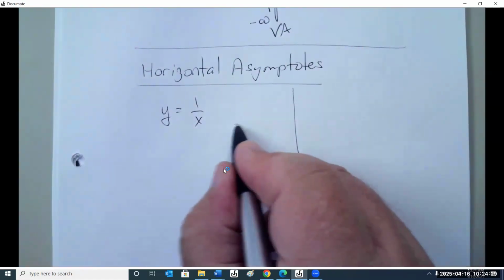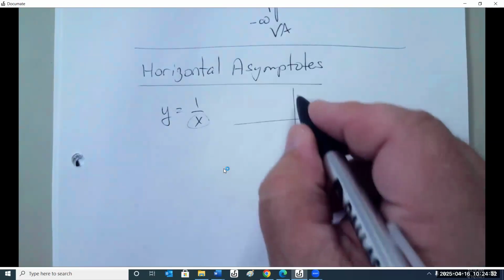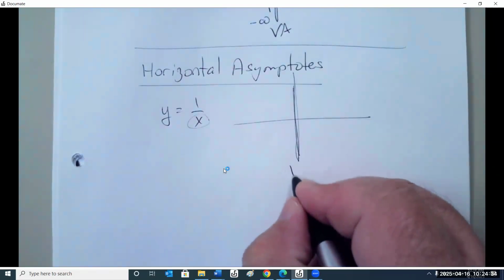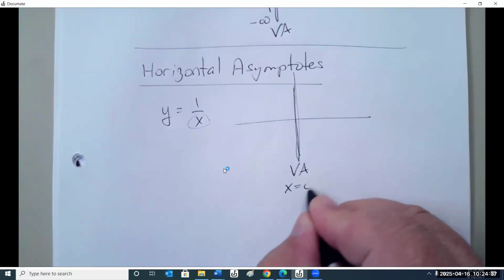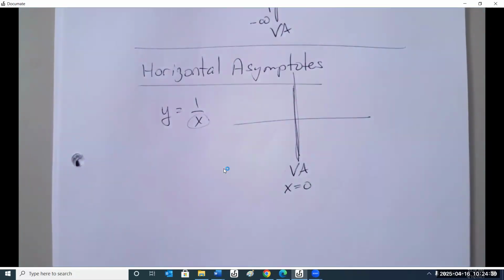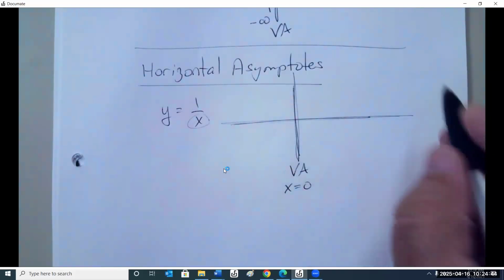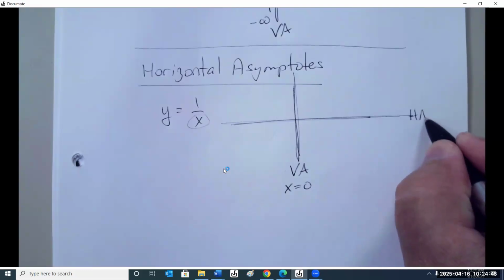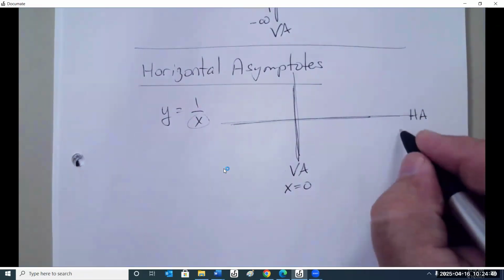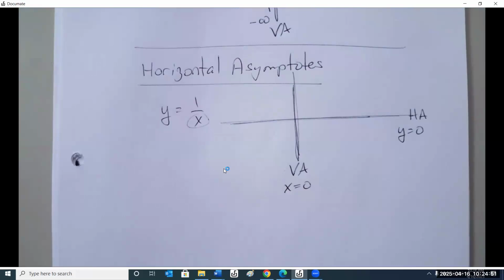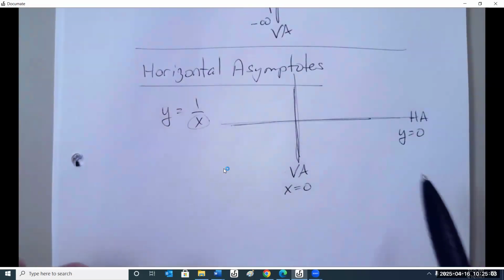In this one, we know the vertical asymptote is x equals 0. And we know the horizontal asymptote is also going to be y equals 0. Horizontal crosses the y-axis, vertical crosses the x-axis.